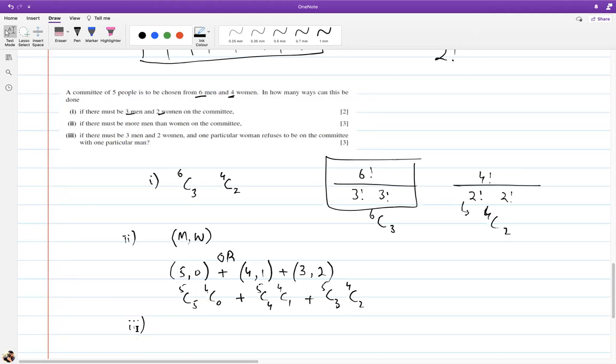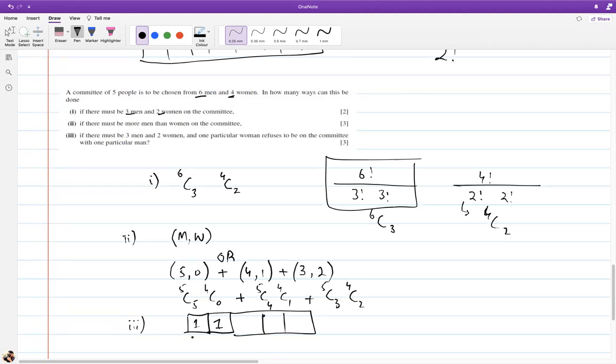We will pick that man and that woman. So one slot is for that man, so there's only one choice of picking that man, and only one choice of picking that woman. And now you have 3 other committee members that you want to choose, right?